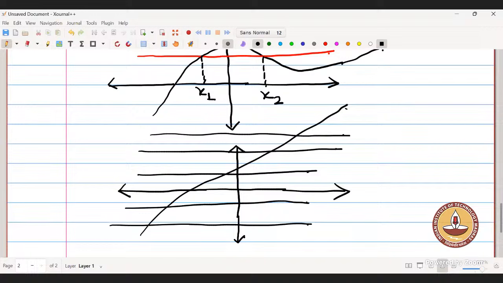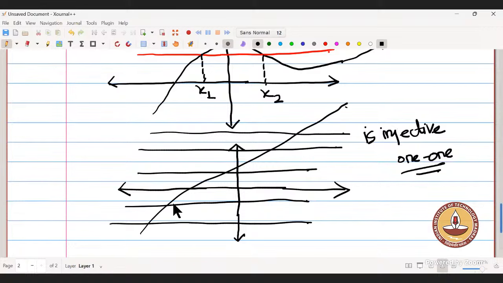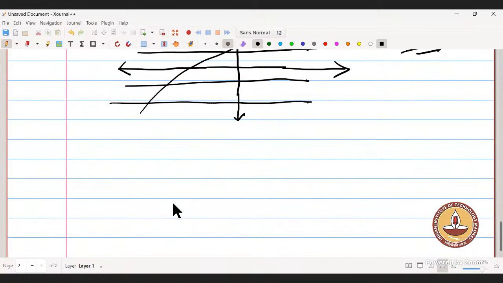So in that case, I can say that whatever function this graph represents, that function is one-one, injective. Okay, clear? Any doubt? Any specific example you want me to consider?